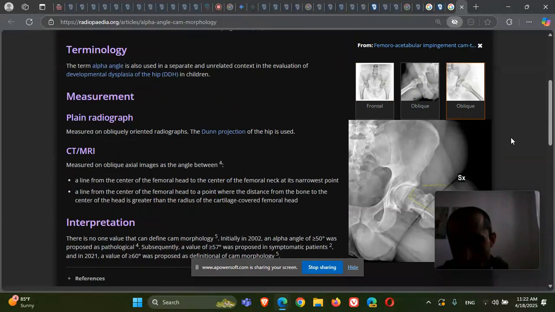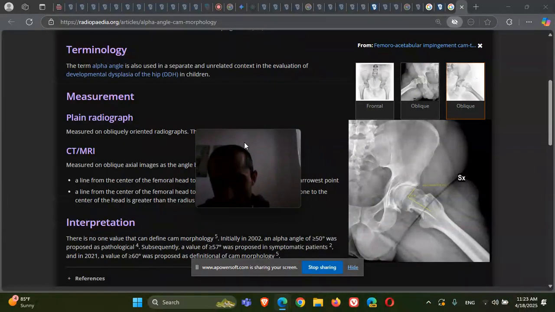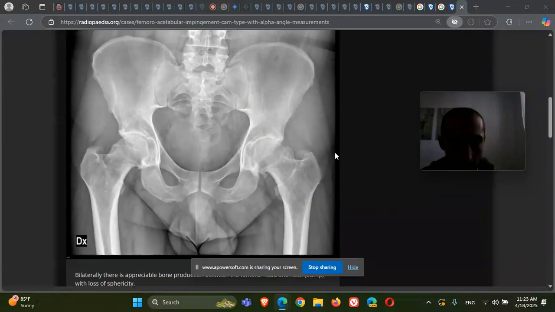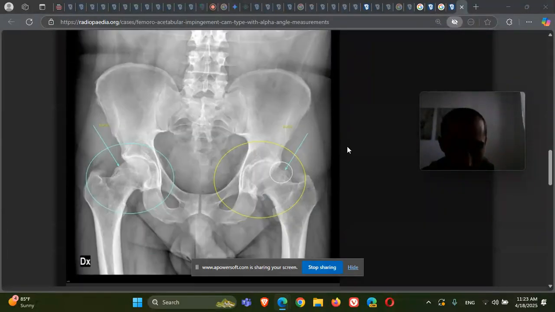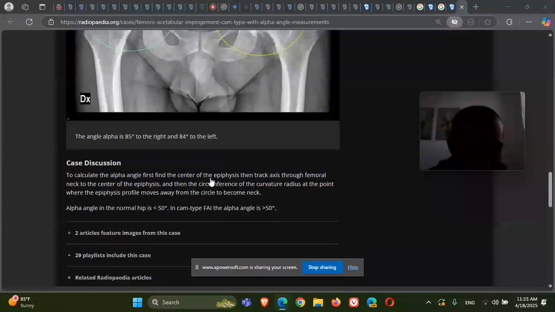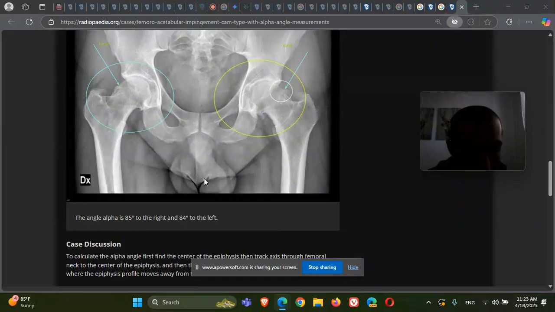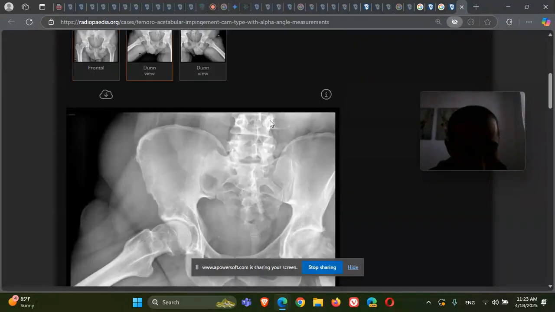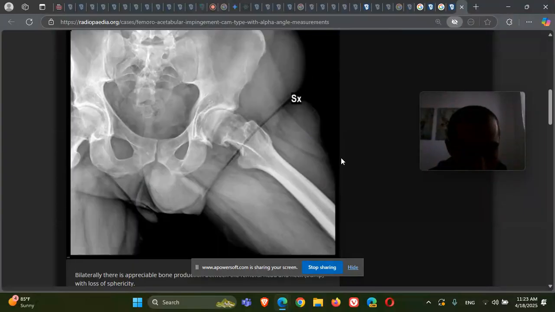Let's look at it. You can see right over here the bump, which is the cam deformity.